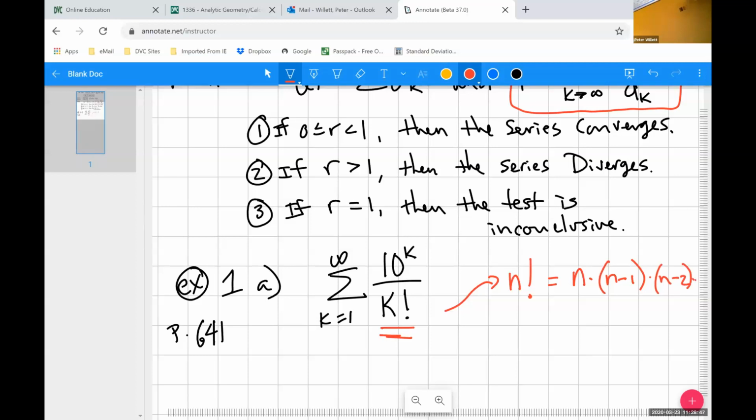So for example, 5 factorial is 5 times 4 times 3 times 2 times 1. So hopefully this looks somewhat familiar and you remember this from previous work, because the book's not going to really explain it at this point, it thinks you know it. But there's a little example as a reminder.